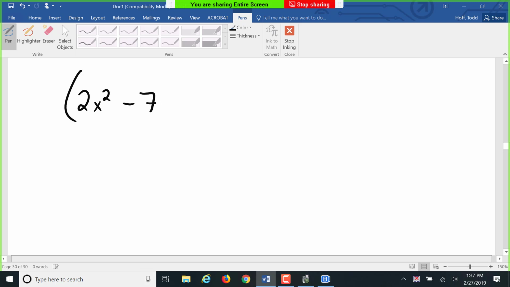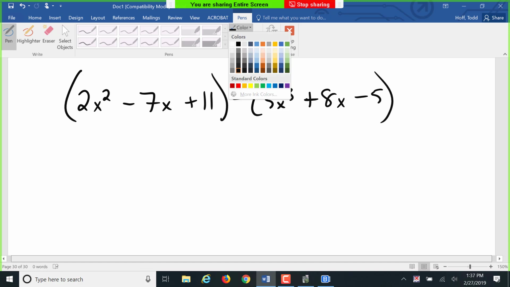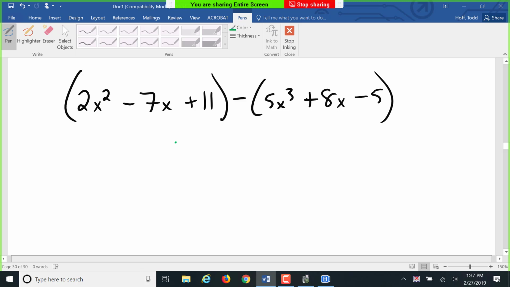2x squared minus 7x plus 11 minus 5x to the third plus 8x minus 5. So when I go to write this out, I have 2x squared minus 7x plus 11. But I have 5x to the third. Where does that have to go?